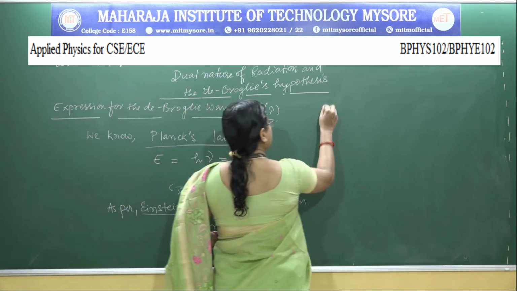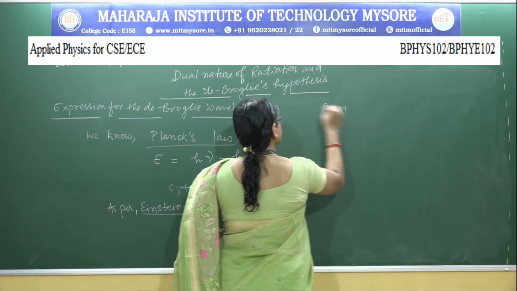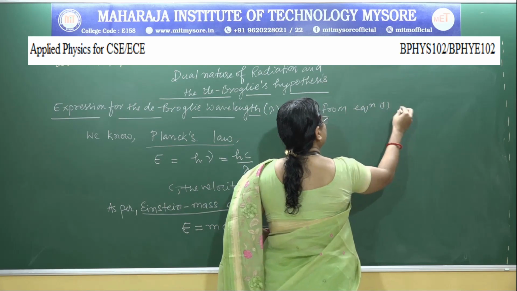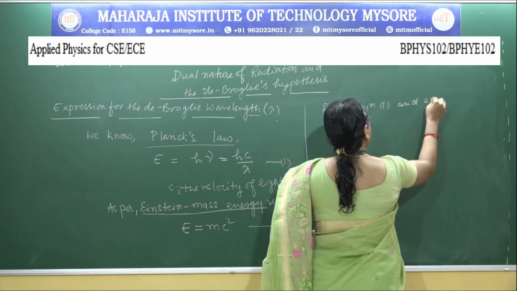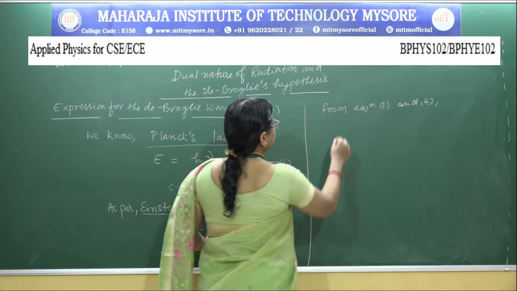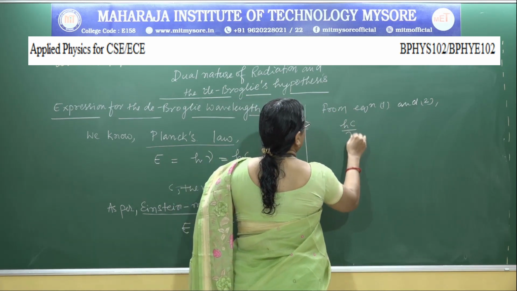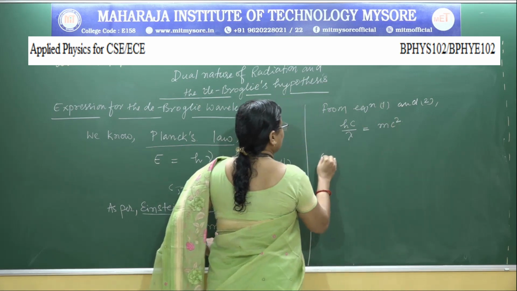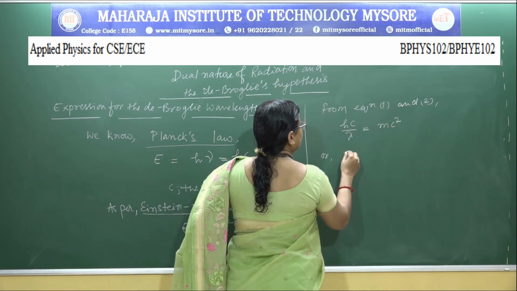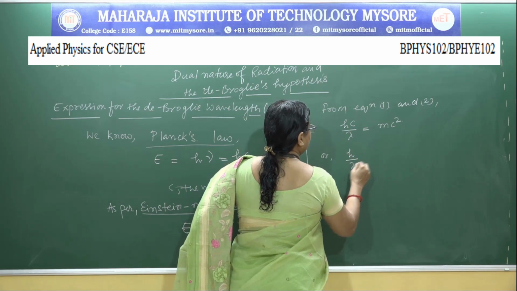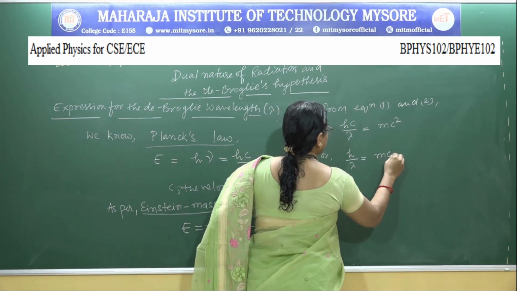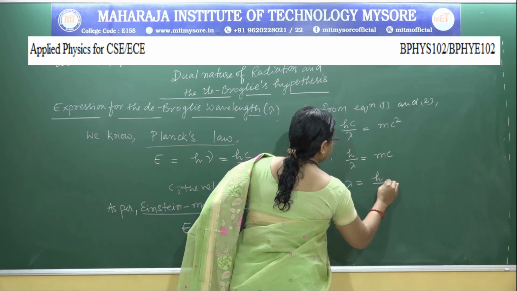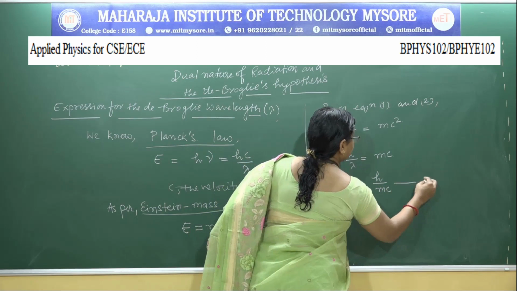So, from equations 1 and 2, we can write hc by lambda is equal to mc square, or h by lambda is equal to mc, or lambda is equal to h by mc.